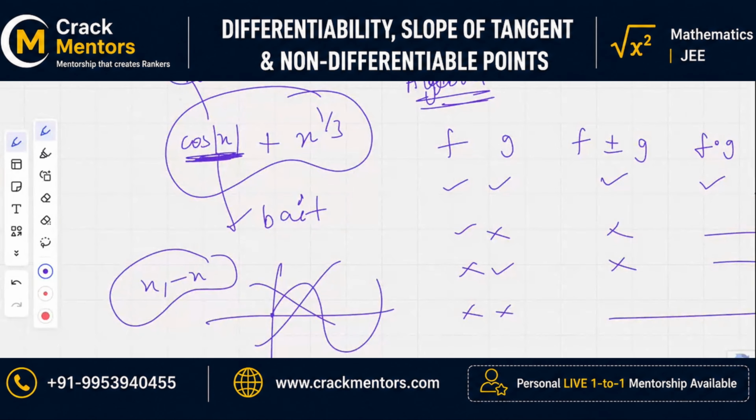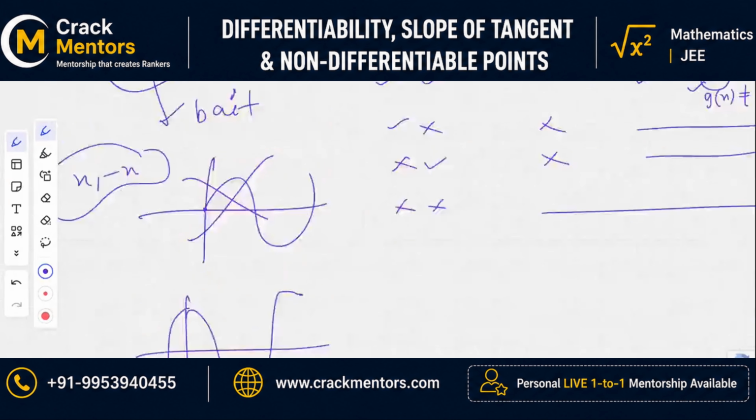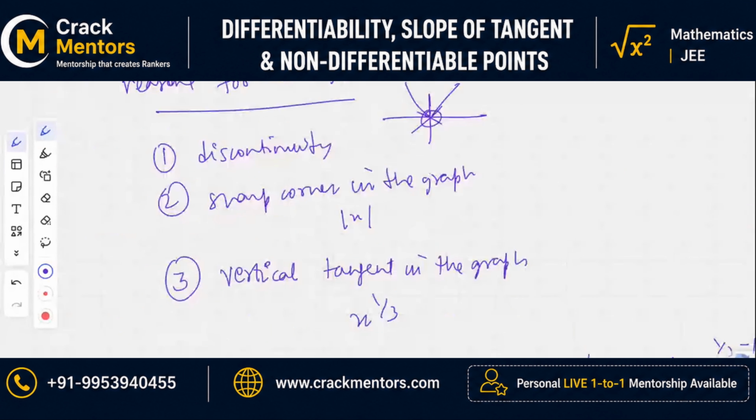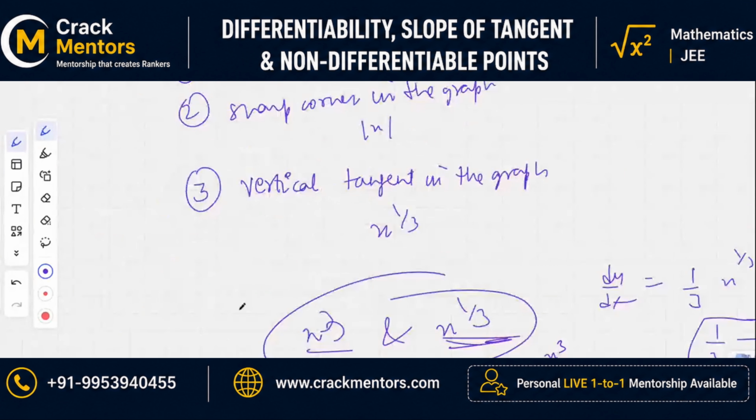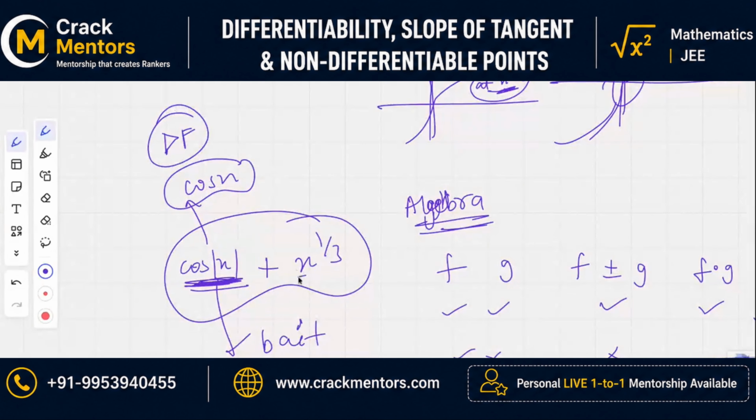Or definitely you can make the graph for cos mod x also, and there you will see you're having nothing wrong there. So cos x becomes a differentiable function, and this is a non-differentiable function at x equals to 0.